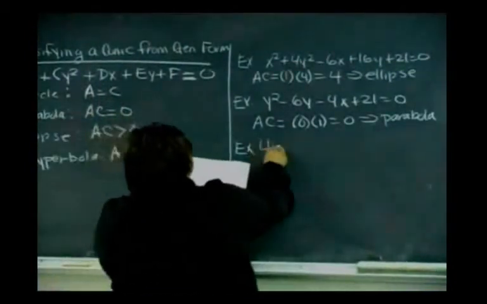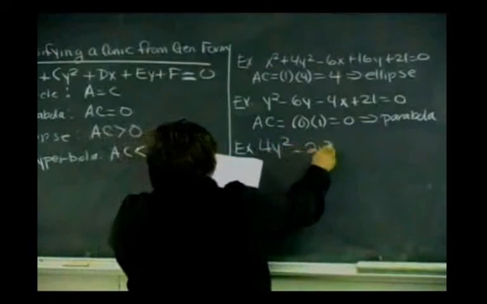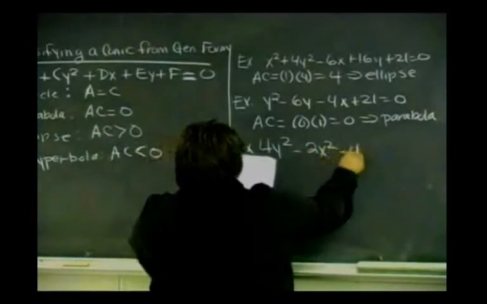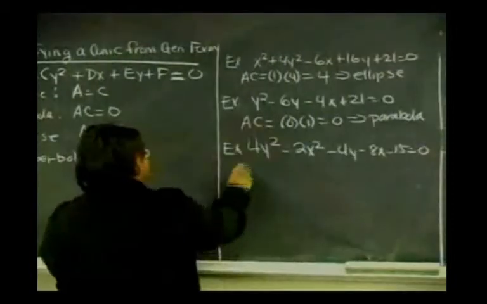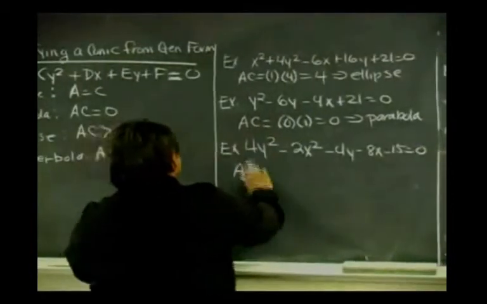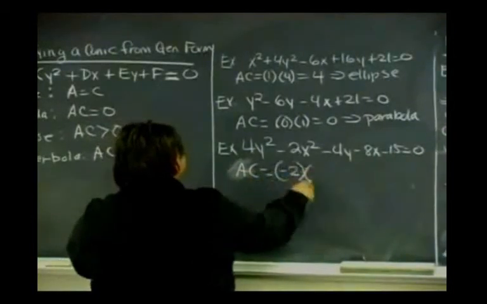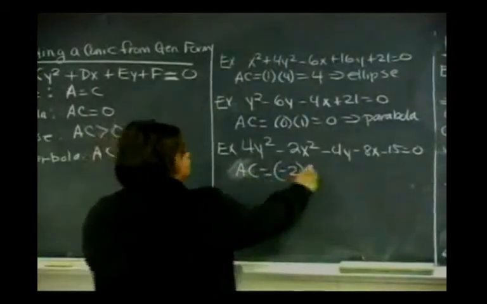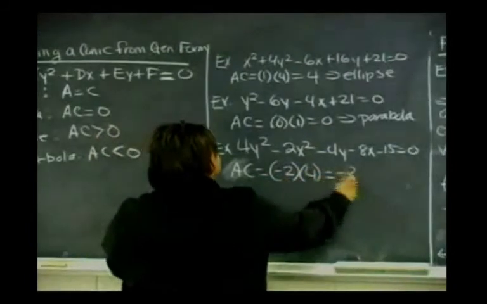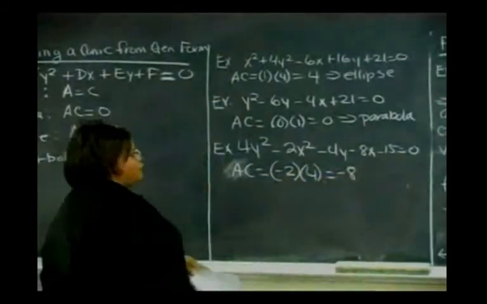Next example, 4y squared minus 2x squared minus 4y minus 8x minus 15. What's A times C? What's A? Negative 2. And C is? So this is negative 8, which means that's negative. I have a what?